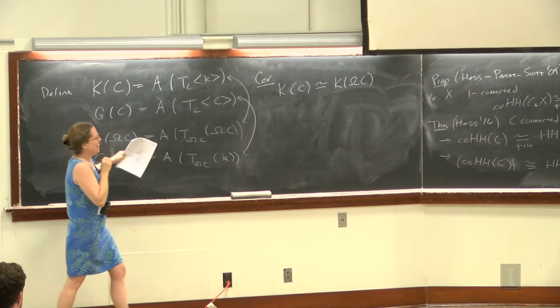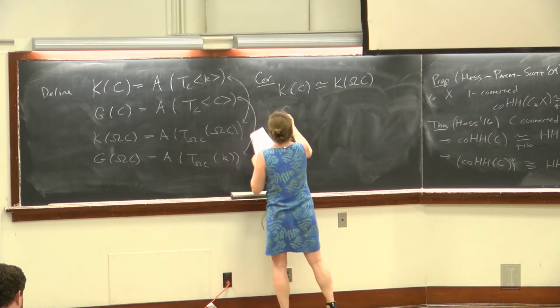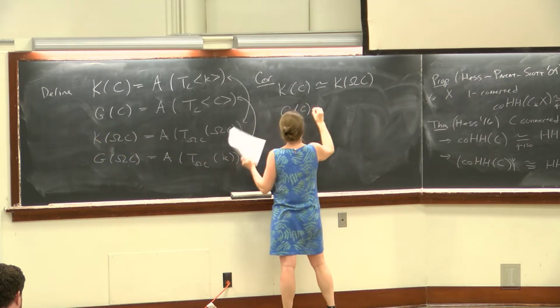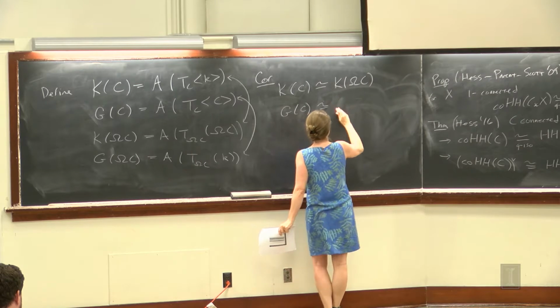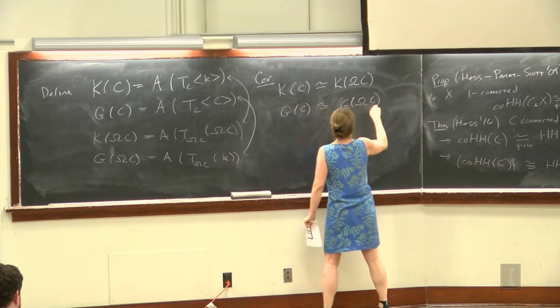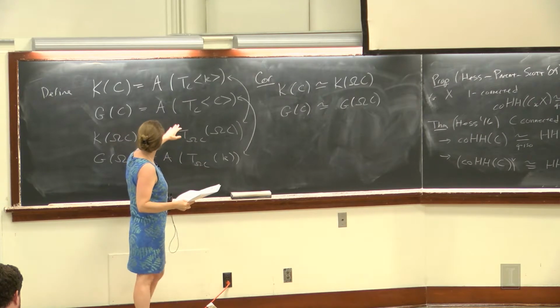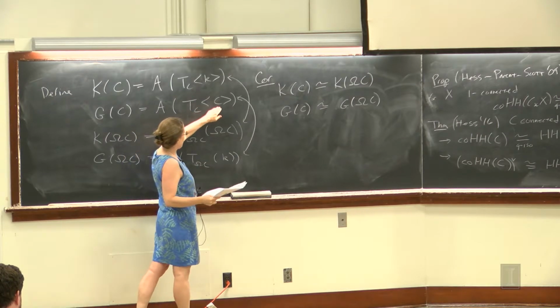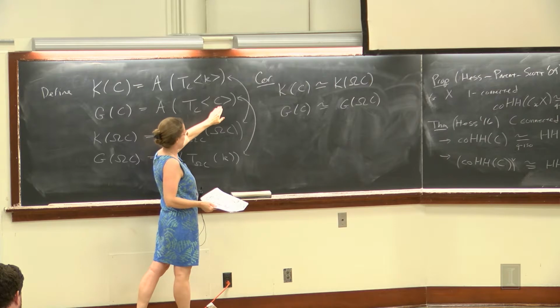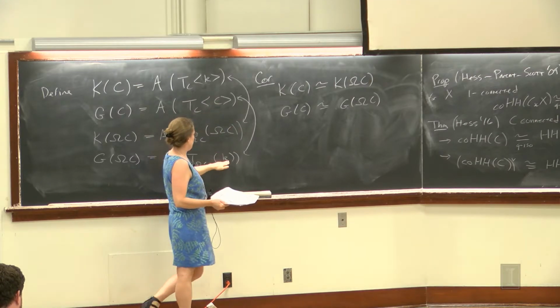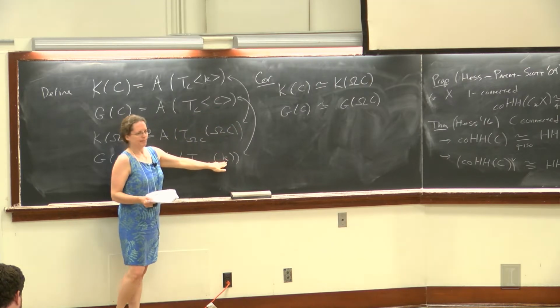And then, as you might guess, the G theory on a coalgebra C is identified with the G theory on the cobar on C. Again, that's because the object C, the coalgebra as a co-free comodule, is taken to the module K.